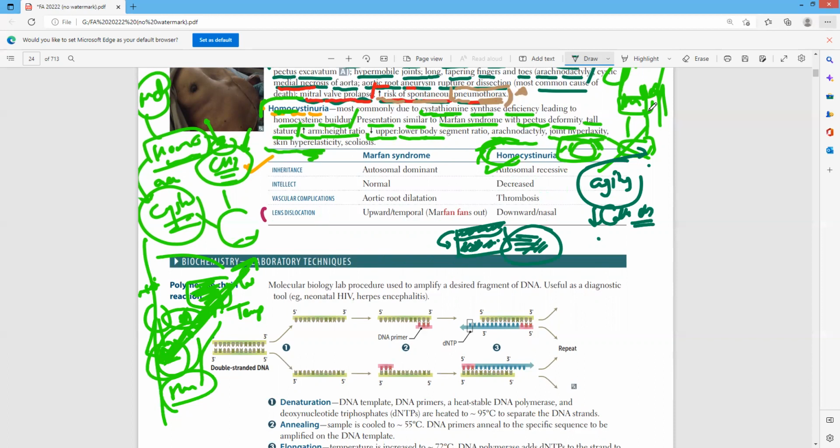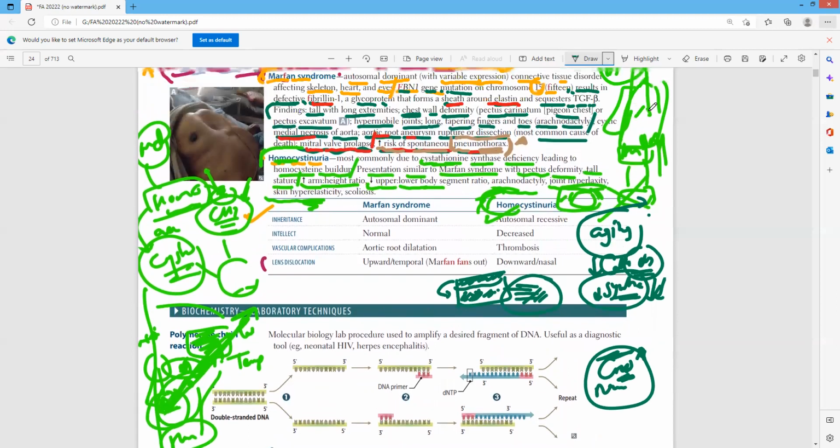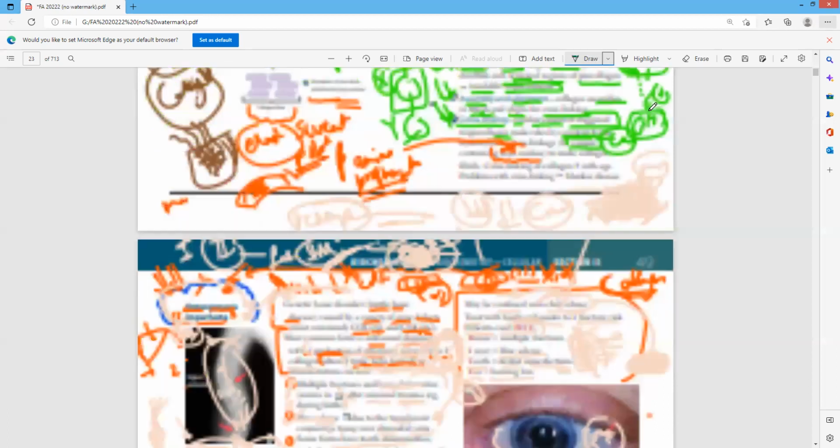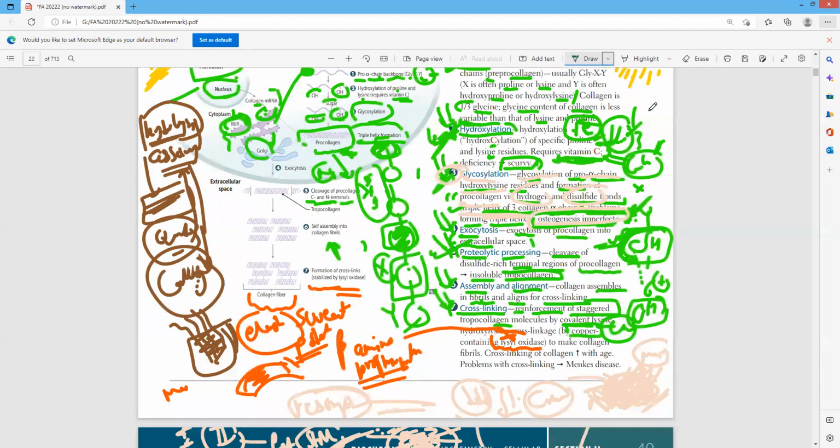You will have decreased synthesis of collagen fibrils, but cross-linking will be normal or may increase. To remember, cross-linking will be intact, but the synthesis itself will be decreased. Remember, cross-linking increases with age, but synthesis will decrease.